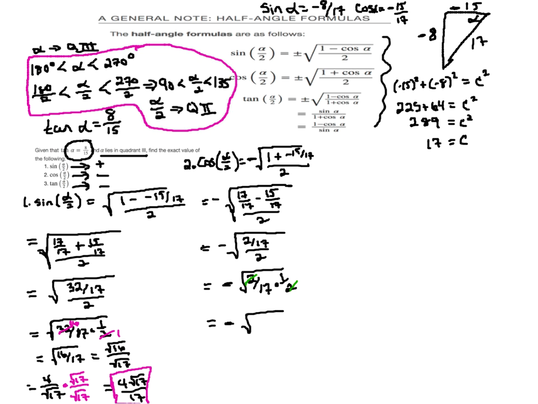So this is a negative square root of 1/17, which is the same thing as negative square root 1 over square root 17, which is negative 1 over the square root of 17. Going to multiply to rationalize, so square root 17 over square root 17. And I get negative square root 17 over 17.